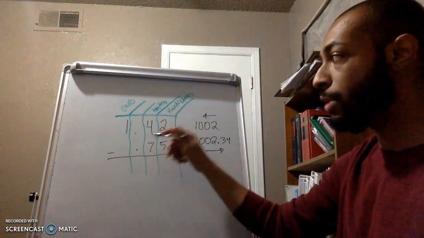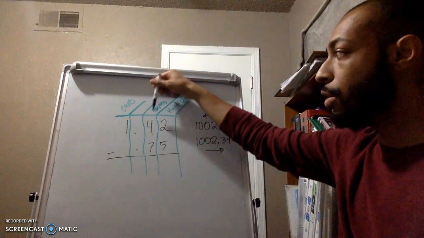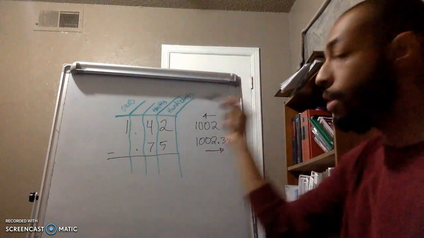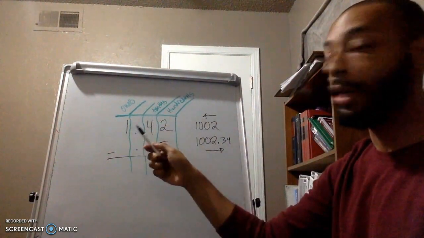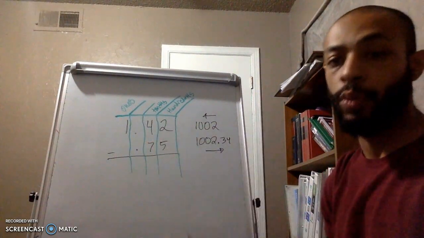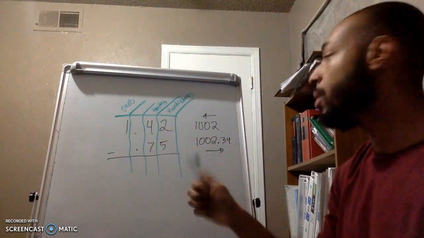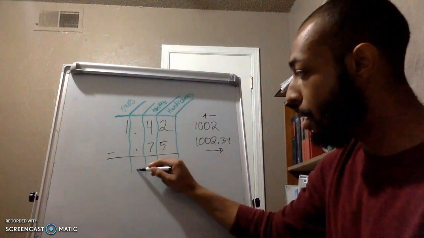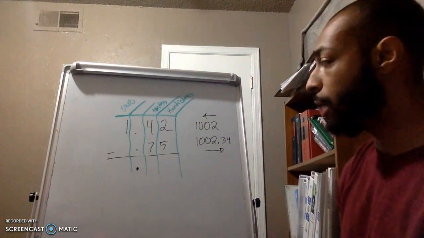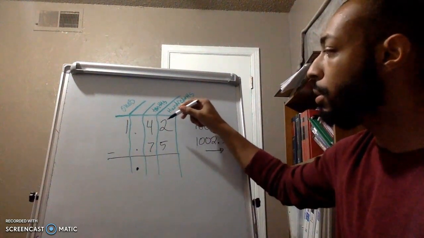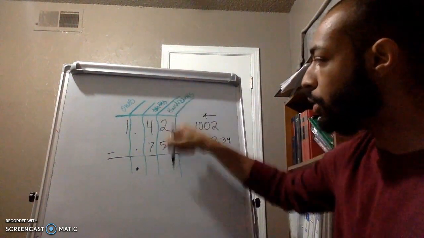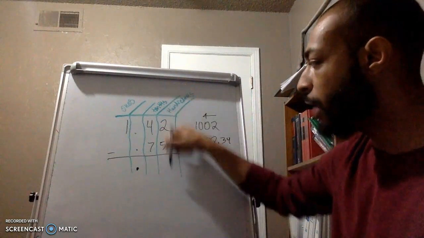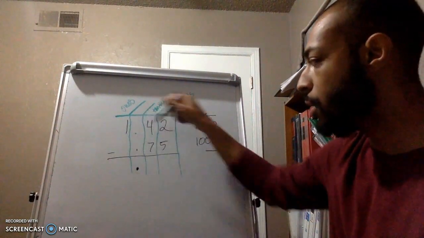If we line the decimals up, then we can make sure that all of our place values, whichever way we're going, remain consistent and together. So with our decimals lined up, all we have to do is drop this decimal down, and then we can just do our subtraction like we've been doing, straight down in rows.